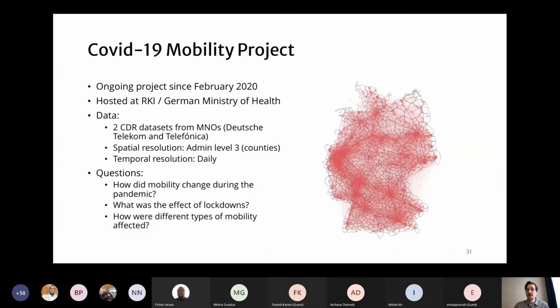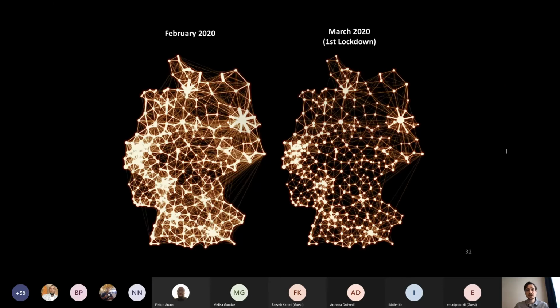So what we looked at first is, how did mobility on a national level change in Germany? And what we found is that here on the left, you see the mobility network for February 2020, so shortly before everything began in Germany.